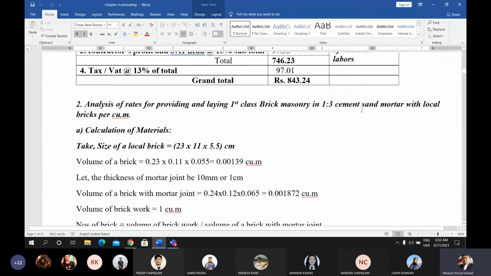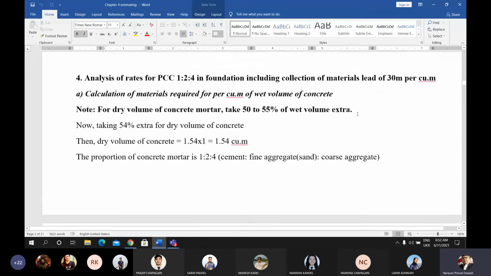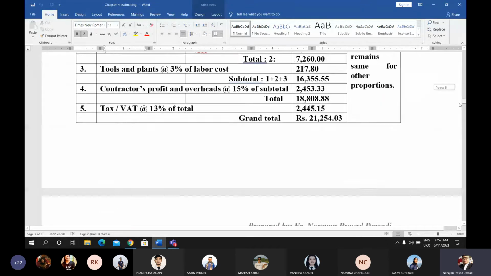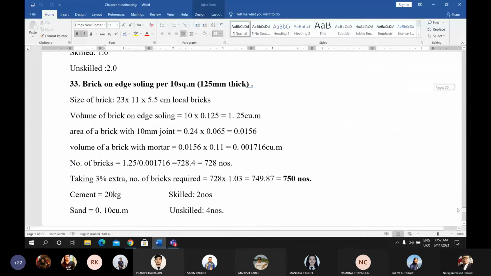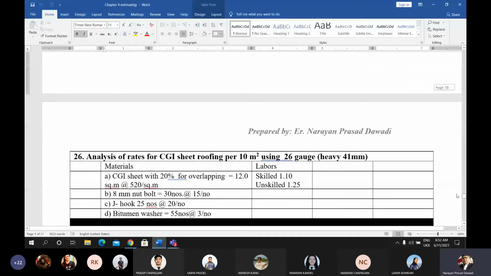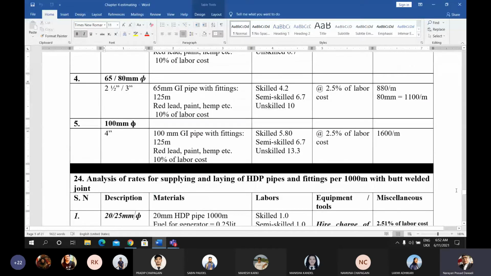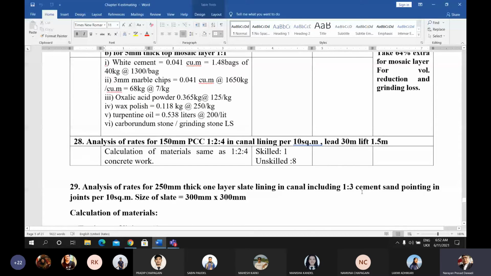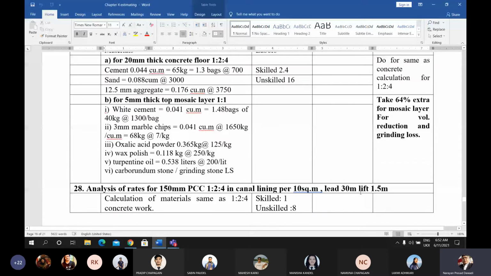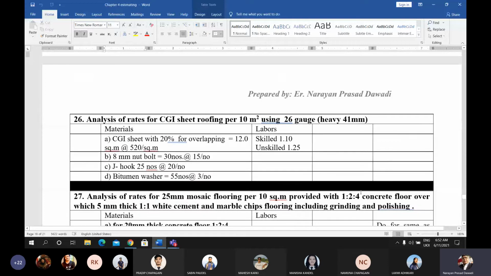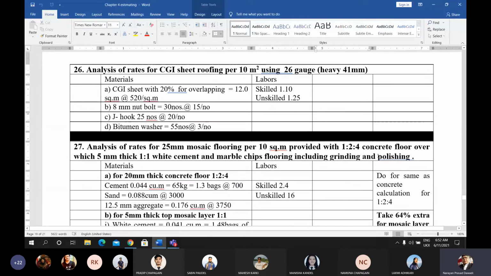I have directly converted that amount and provided it here at 520 rupees per square meter. So for the CGI sheet, the quantity is 12 square meters, and the rate per square meter is 520 rupees.